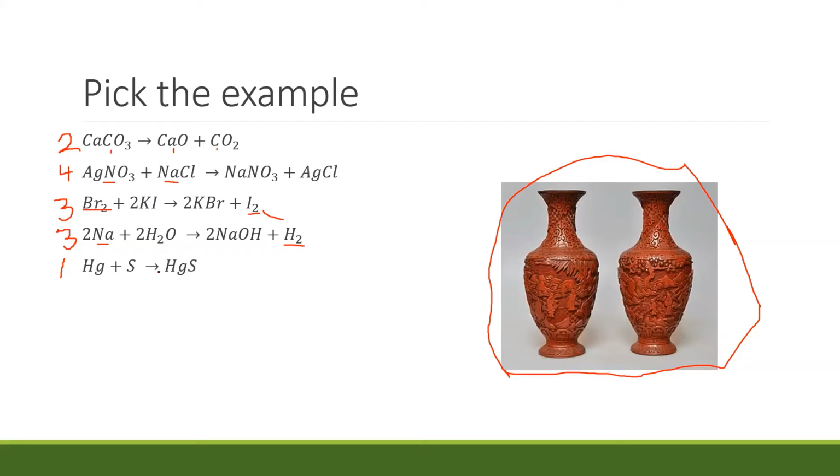Cinnabar is actually mercury sulfide, and that's why it's bright red. Isn't that poisonous? It would be poisonous, yeah, because it's got mercury in it. So you probably don't want to be drinking out of this thing, which is kind of bad because it is a vase or a pot. But of course, they didn't know that it was poisonous back then, so it's hard to blame them.